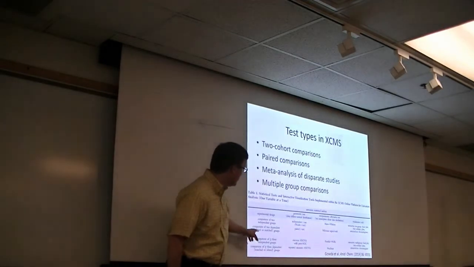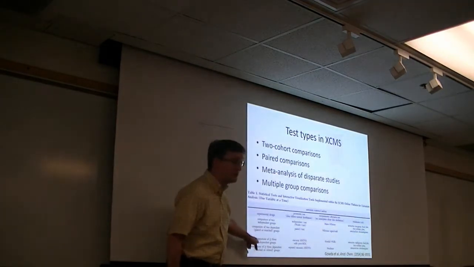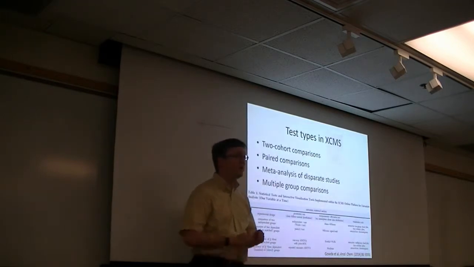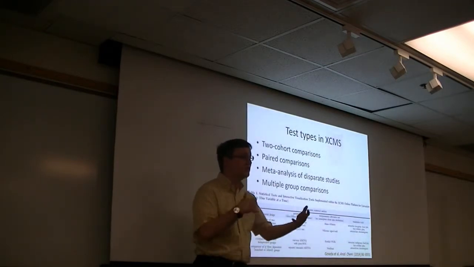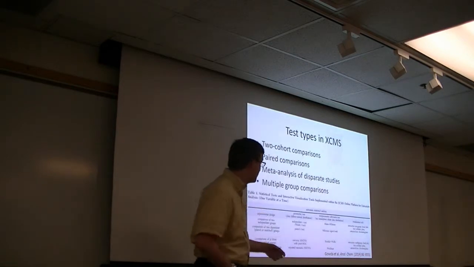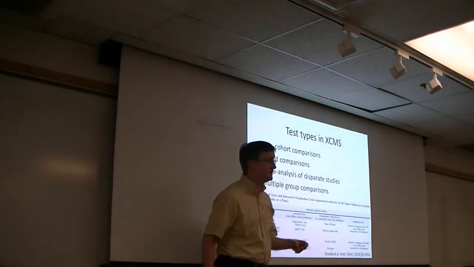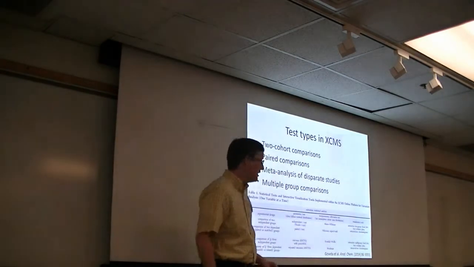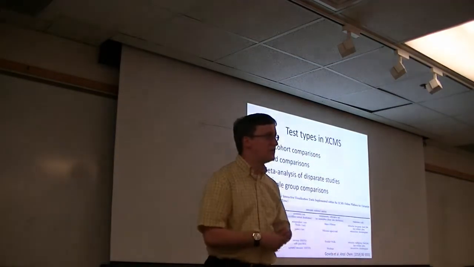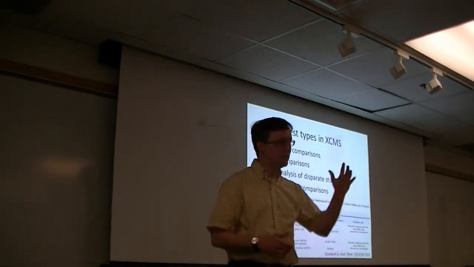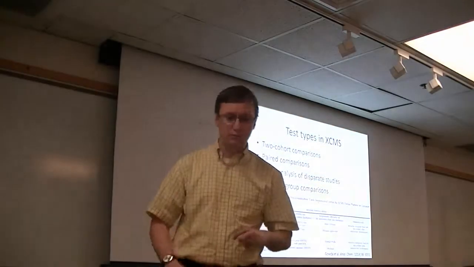They also have the ability to do comparison of multiple independent groups. You can do that by ANOVA. If you want to do the ANOVA, except this time without the assumptions about how it's parameterized, you can do a Kruskal-Wallis test instead. And they have related sets, sort of the equivalent of a paired test in the multivariate space as well.